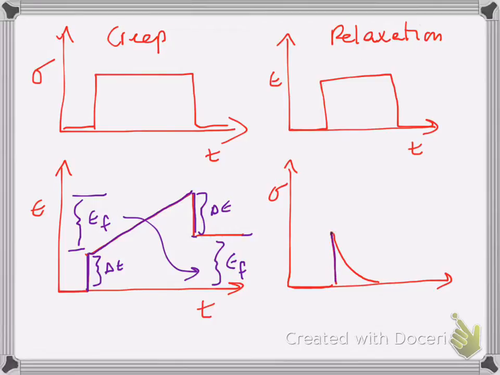So we force the spring into a certain, we elongate the spring a certain amount, and we will have to apply a certain amount of stress to get it there. But after we apply that, the viscous material, the stress then transfers over to the viscous material, and the viscous material starts deforming.